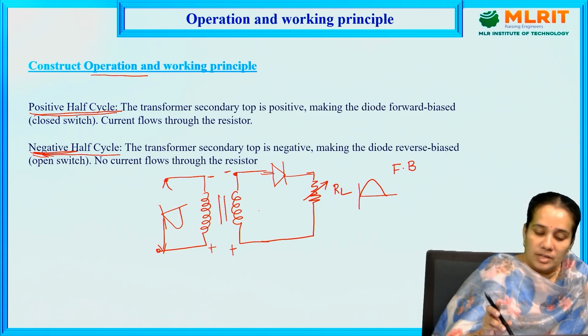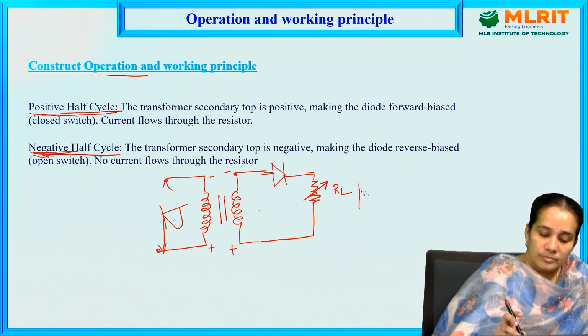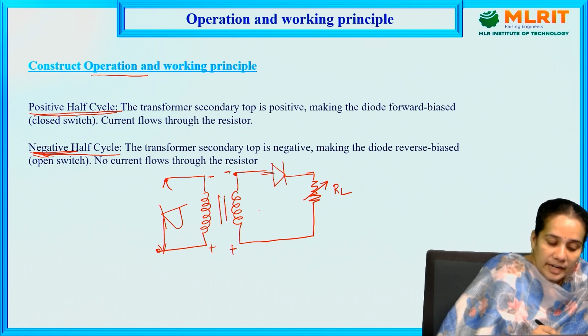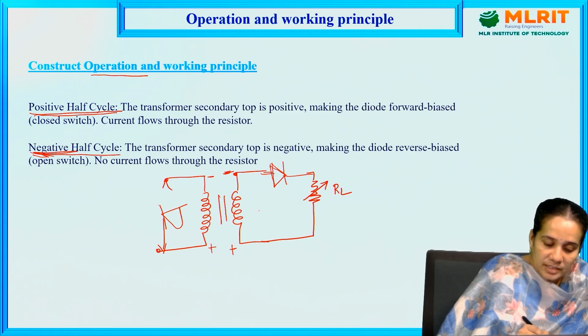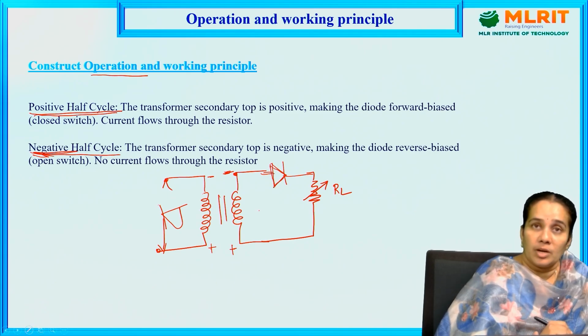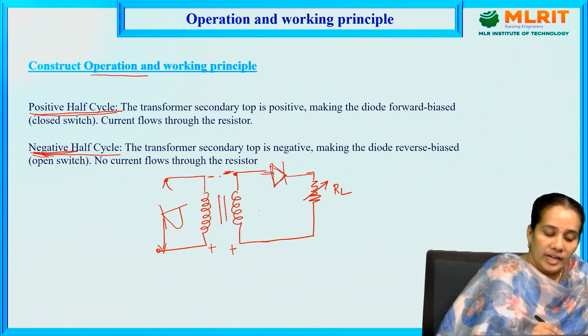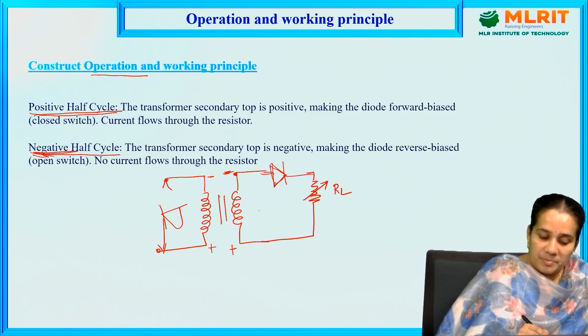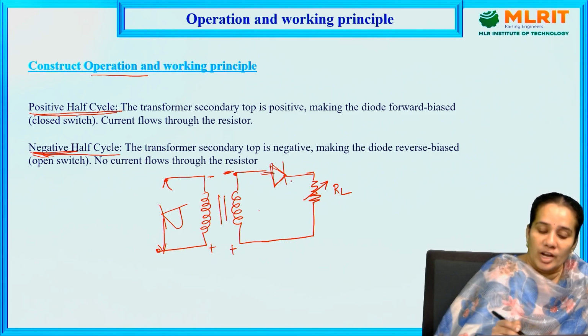Now see what is happening here. The negative terminal is connected to the p-type semiconductor. When the negative terminal is connected to the p-type semiconductor, the diode goes into reverse bias.